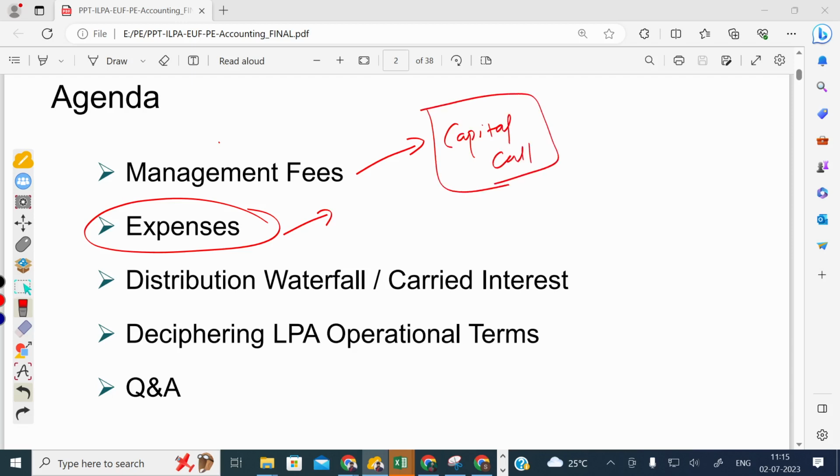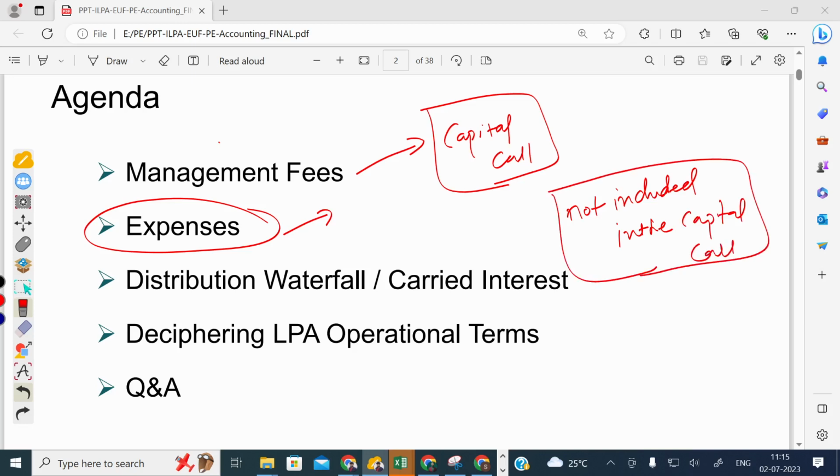Sometimes not included in the capital call. So your task is to check whether the management fees or expenses are included in the capital call or not. Why is this important?